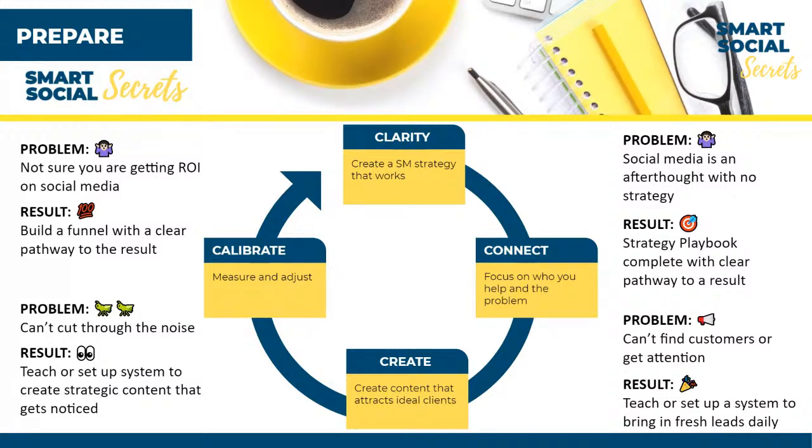And so I looked at this on the right-hand side there. It says problem. Social media is an afterthought with no strategy. A lot of times people come to me, especially businesses, and say, I need a social media strategy. And we do write those strategies for them, whether they then take them off and do them themselves.